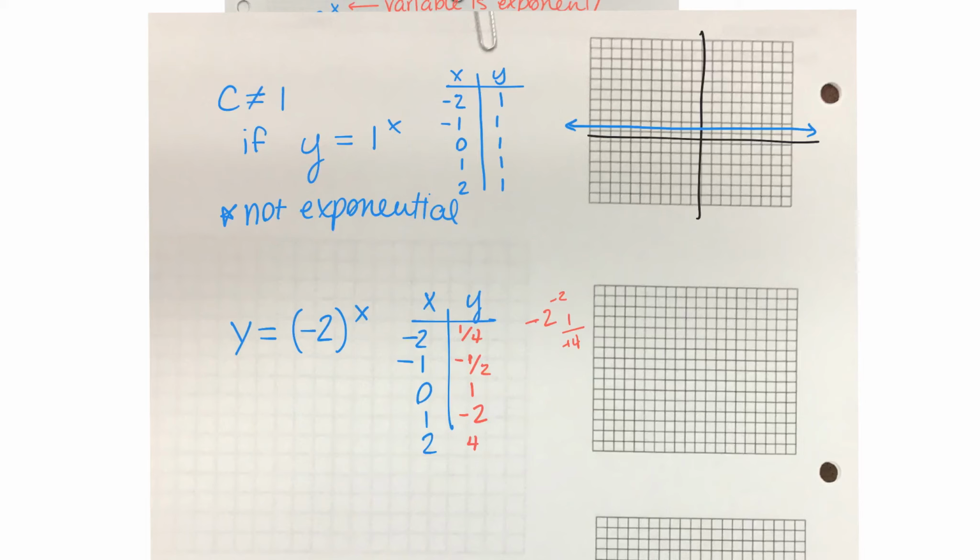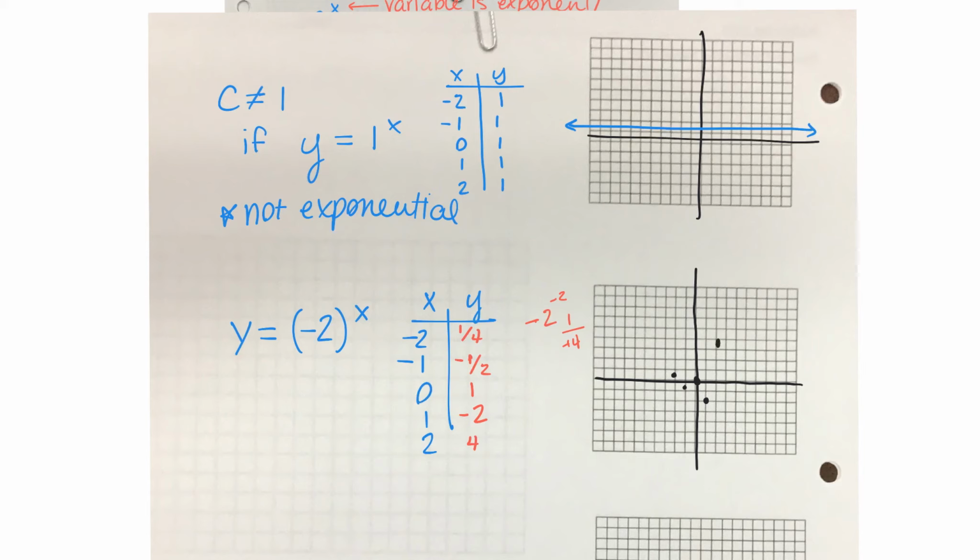Okay, so if I graphed that, what would happen? Again, I can graph it. -2, go up 1/4. Okay, -1, go down 1/2. 0, 1, over 1 down 2, and over 2 up 4.